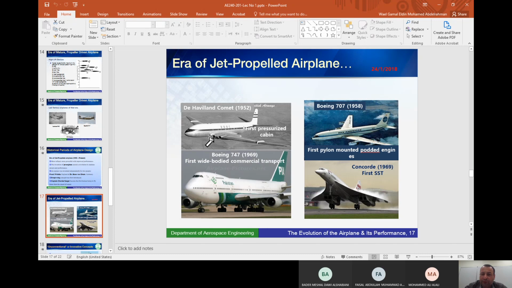You need to provide them with air that's close to the air pressure at sea level. So we had the first pressurized cabin in the de Havilland Comet, which was basically the first jet airliner. The Comet had several catastrophic structural failures, three, and the program was terminated because of these problems. People back then did not understand quite well the issue of metal fatigue, which was the main cause of failures of such pressurized cabins.